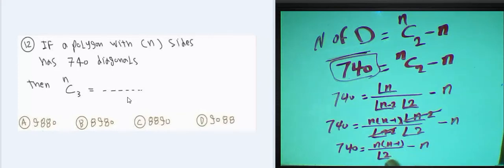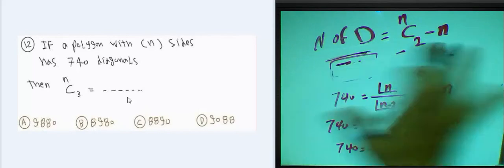Multiplying by 2 to simplify it, or you can find the simplest form by dividing here, n squared subtract n over 2. We need factorial 2 equals 2.